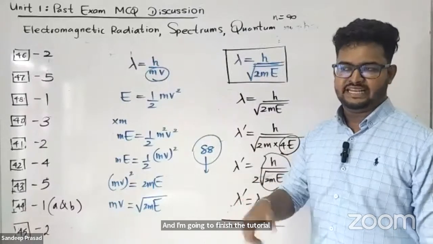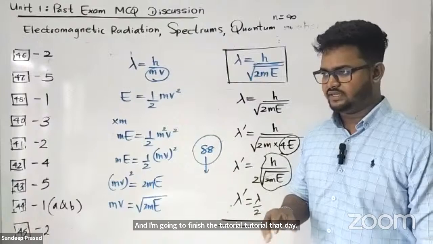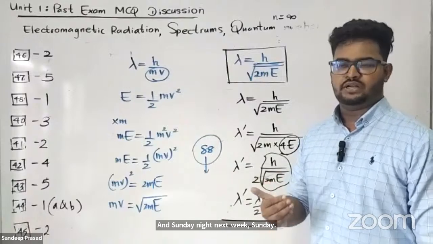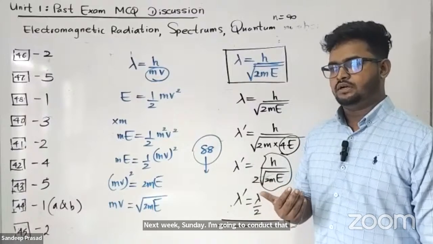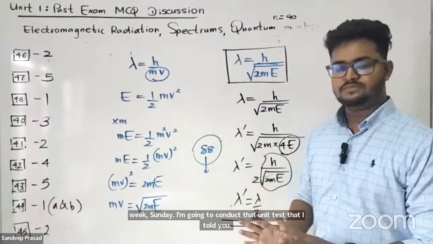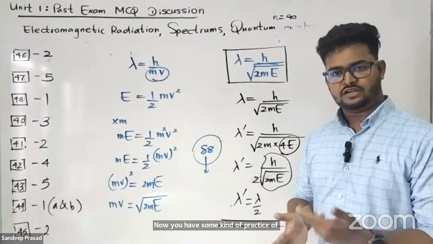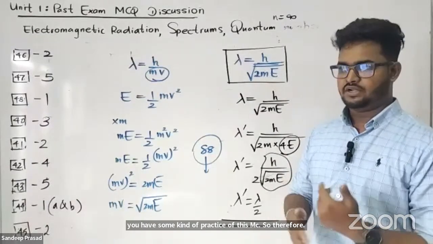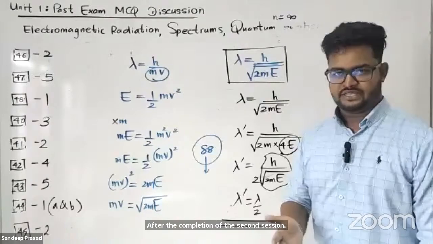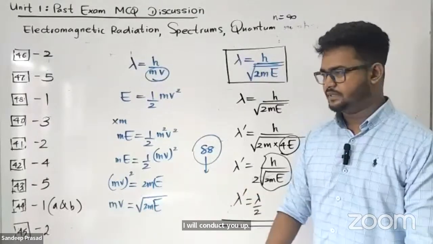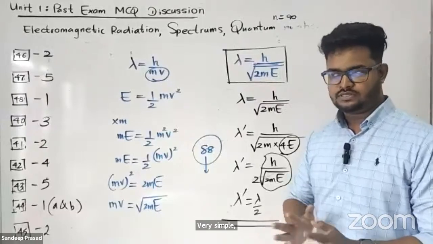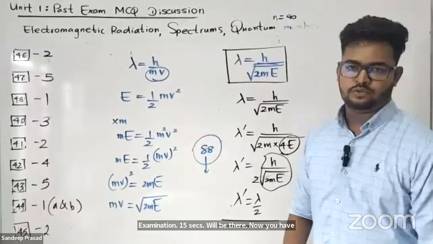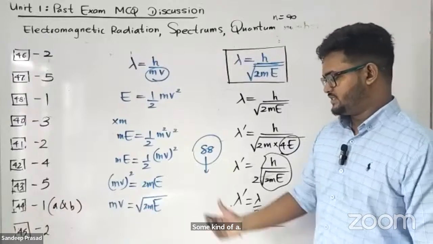And next week Sunday night, not this Sunday, I'm going to conduct the unit test that I told you. Now you have some practice of these MCQs. So after the completion of the second session, I will conduct your exam. Exam means a unit test, a very simple examination. 50 MCQs will be there. Now you have some idea about how to do the MCQs. So that is the way.